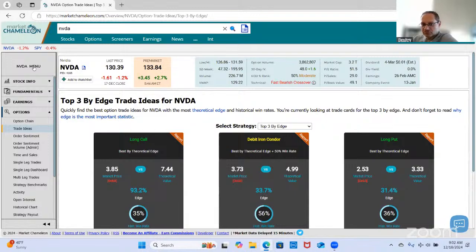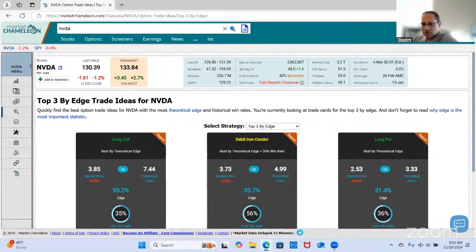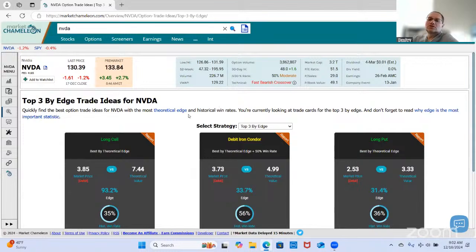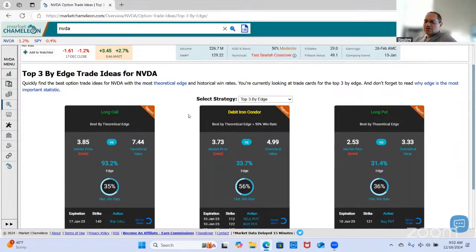So let me first close this menu to expand the screen. By default, there are three trade idea cards, and these will be displayed because of their theoretical edge.